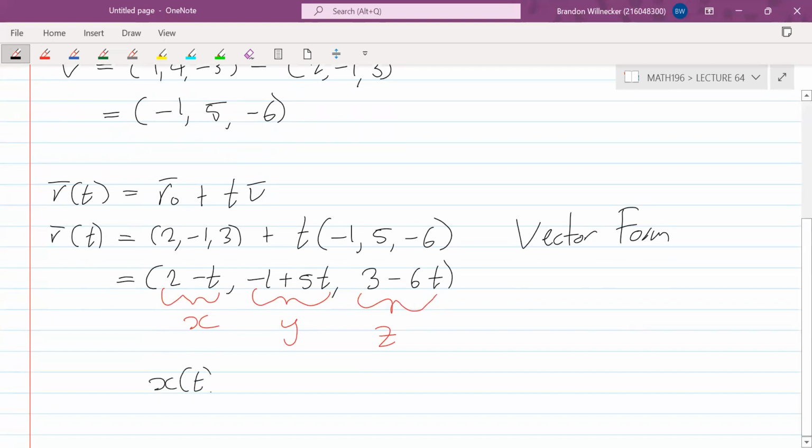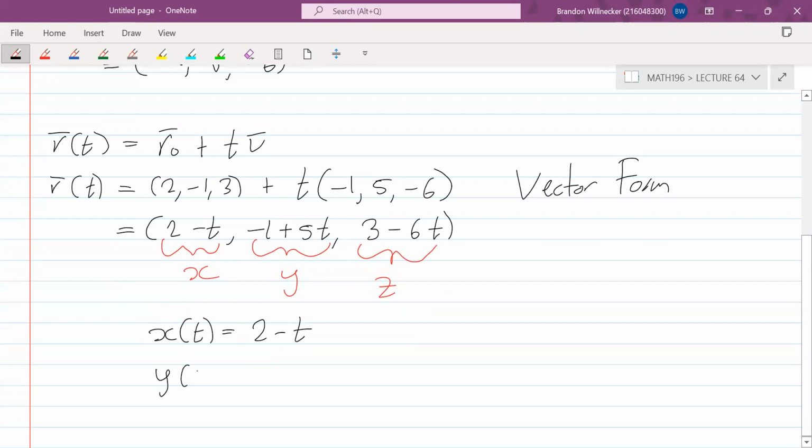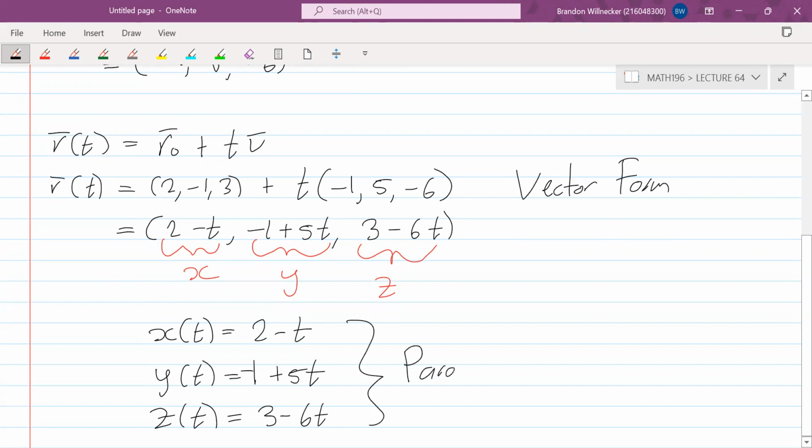So x of t, so x is a function of t, that's 2 - t. y of t, that's going to be -1 + 5t. And z of t, that's going to be 3 - 6t. So these are our parametric equations. Okay, so that's just another way of writing down the equations for the line.